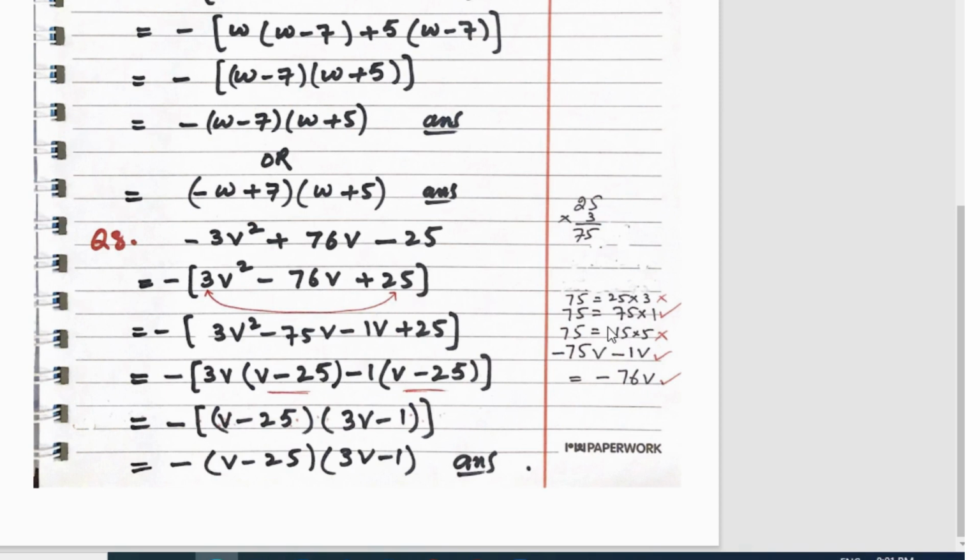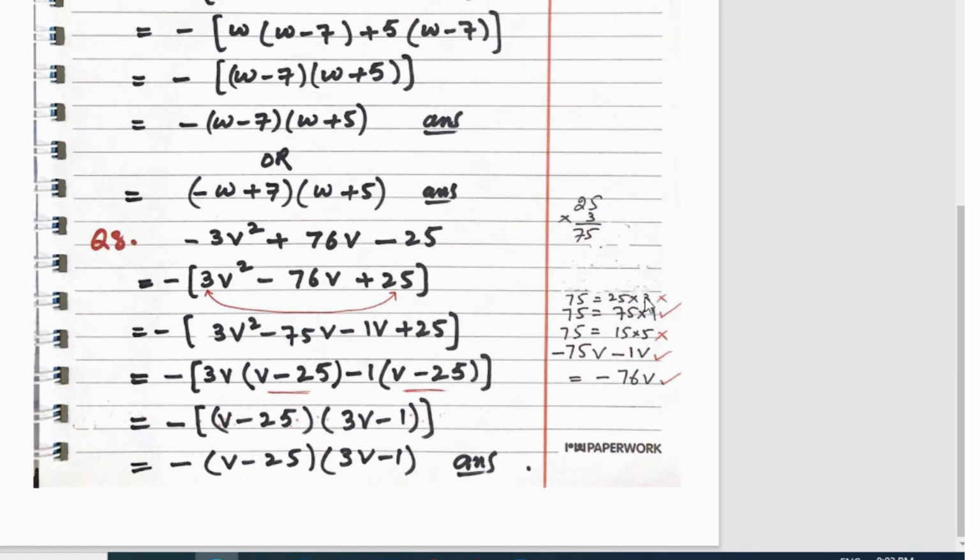But here, if you pay attention to the middle term, you need not write down 25 into 3, 15 into 5. These two pairs are useless because these are not giving us 76 at the end by either adding or subtracting the factors. 15 plus 5 is 20. 15 minus 5 is 10. 25 minus 3 is 22.